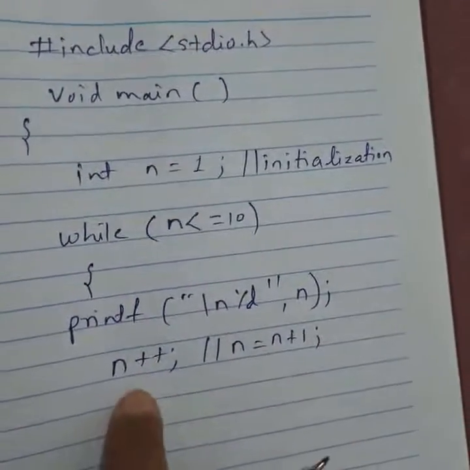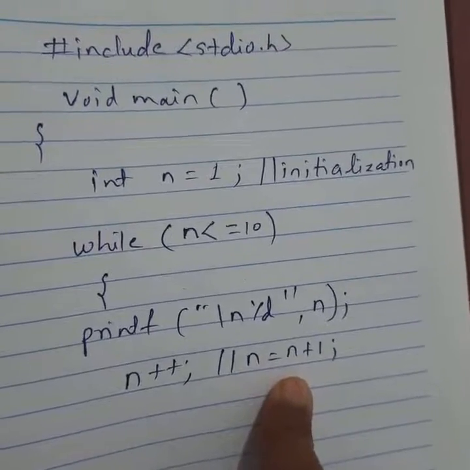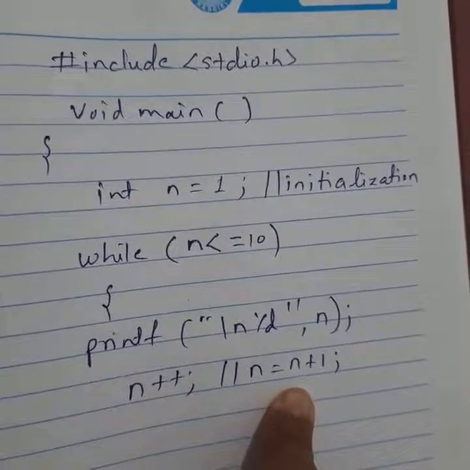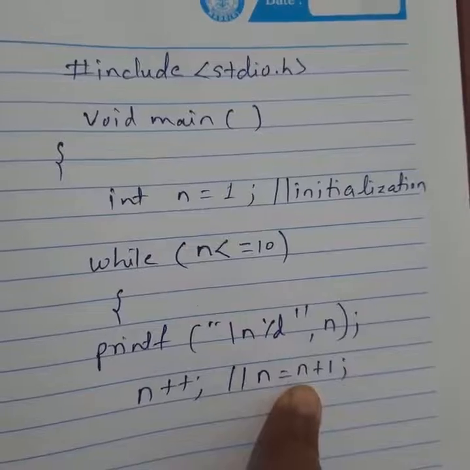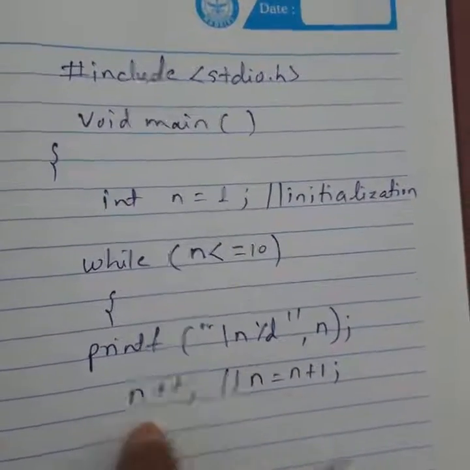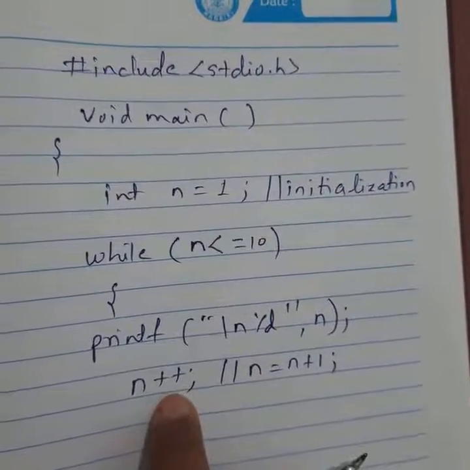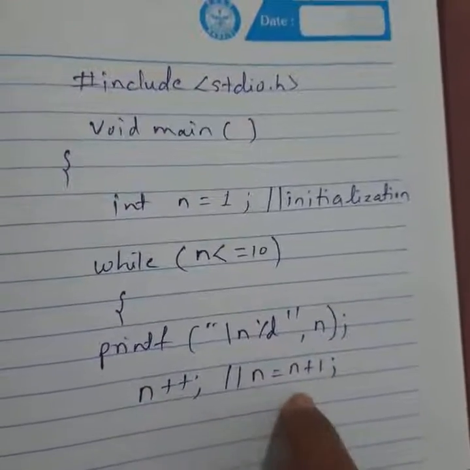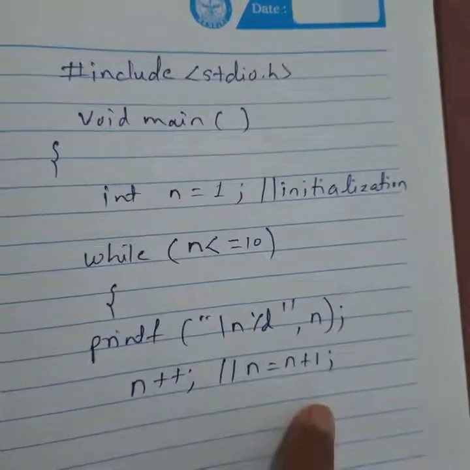We write this or that. Whichever is easier or simpler for you, you can use either one of these two. You can use n plus plus or n is equal to n plus 1. Both are used for incrementing the value of n by 1.